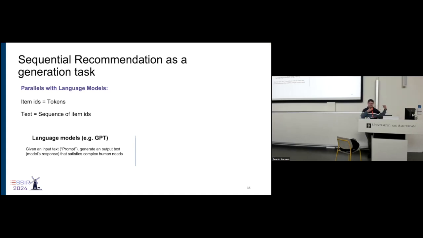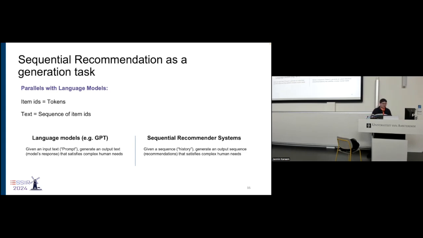Given a prompt, a sequence of tokens, ChatGPT tries to generate text, an output sequence of tokens, that satisfies very complex human needs. In my case, it was diverse recommendation. This is the same thing we want from a sequential recommender system: given a history, we want something that satisfies my own complex needs.